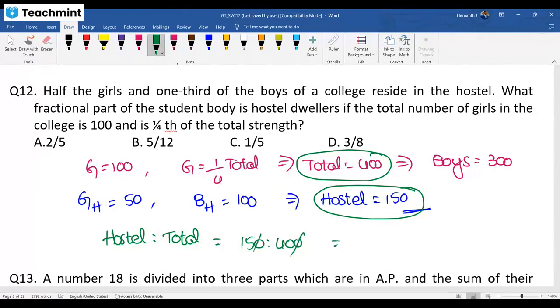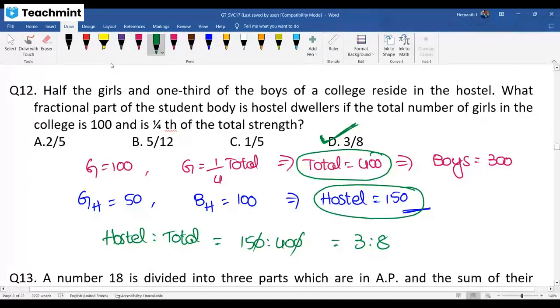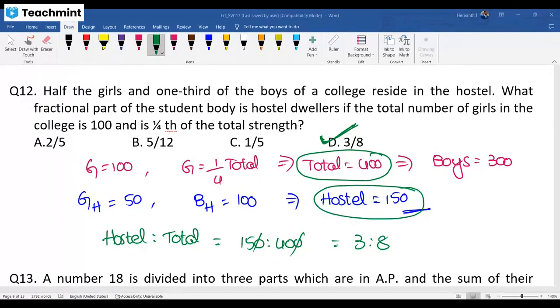This is 3 times and 8 times, so 3 by 8 is the answer. It's not student boy, it's student body. Hostlers out of total students: hostlers is 150, total students are 400. It's nothing but 3 by 8. See the question? 3 is to 8.